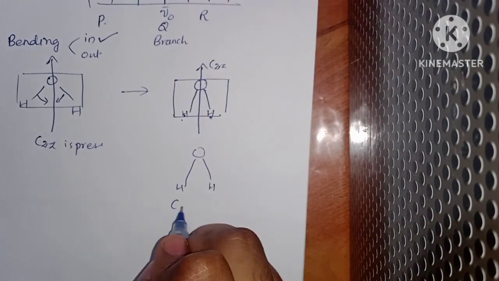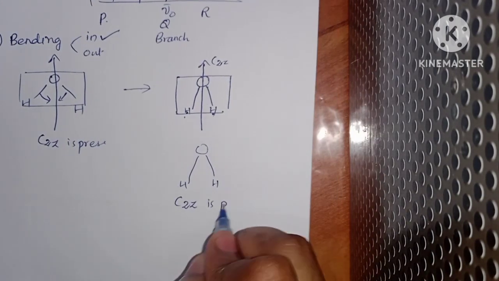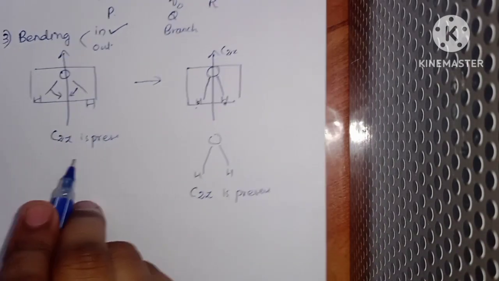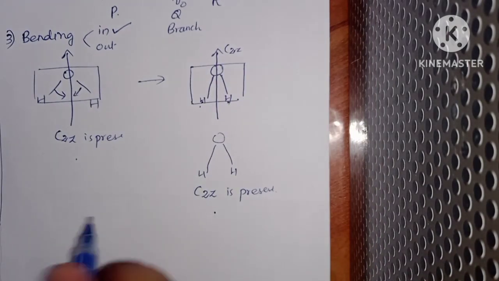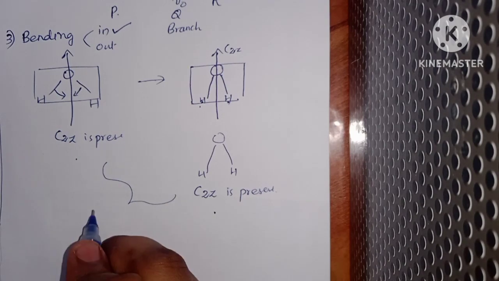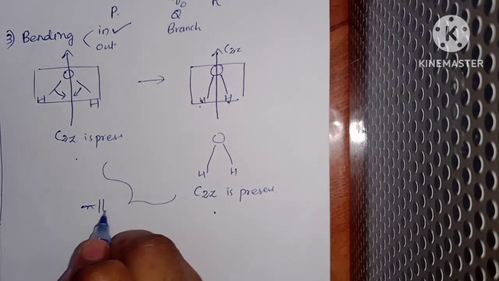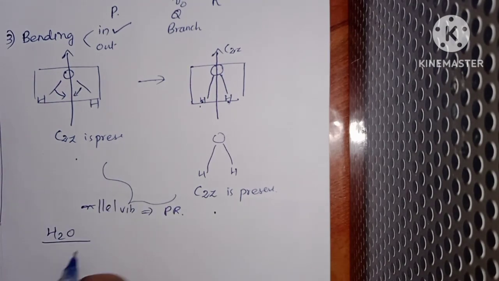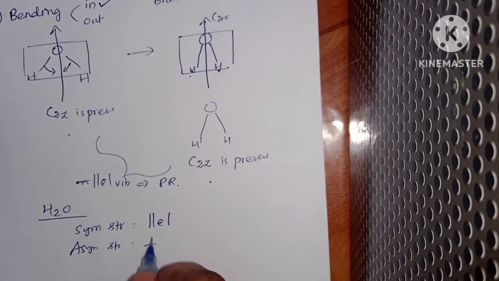That is, C2Z is present before and after the vibration. Such vibrations are called parallel. So whatever the vibration, parallel or perpendicular, as it is non-linear, it will give only PQR branches.